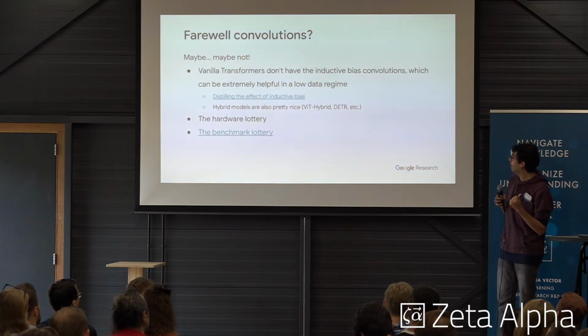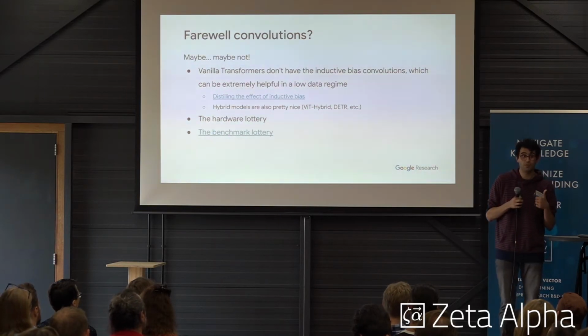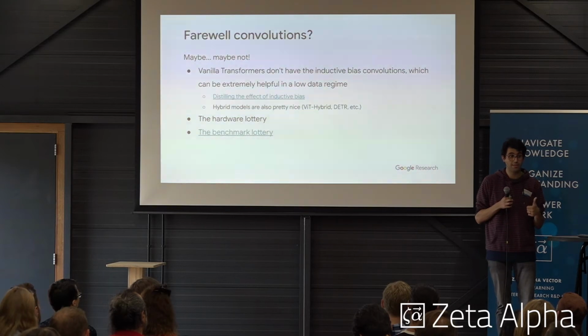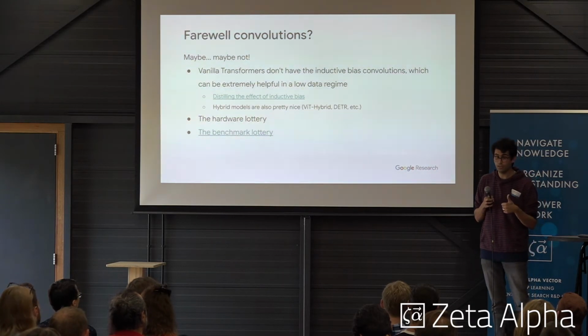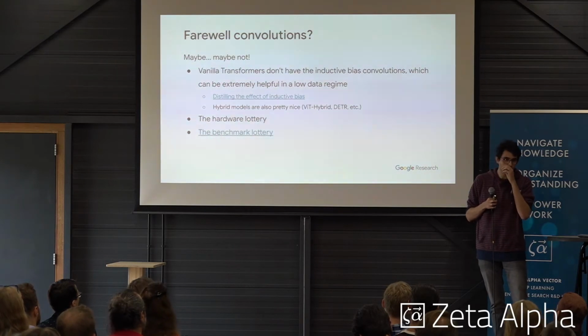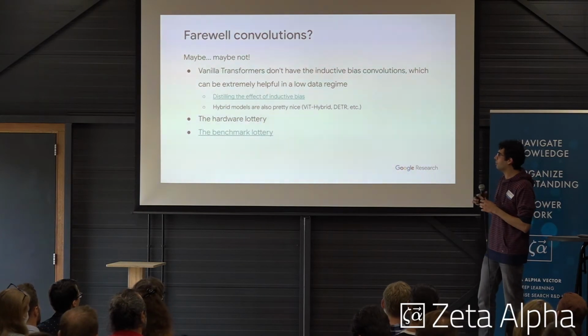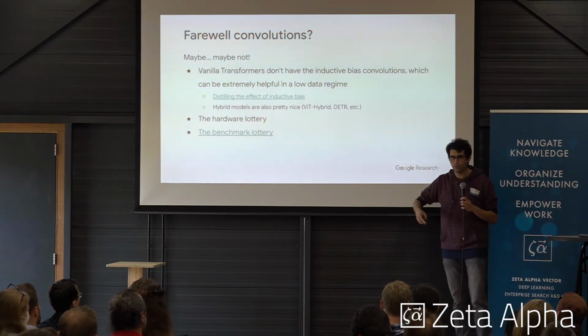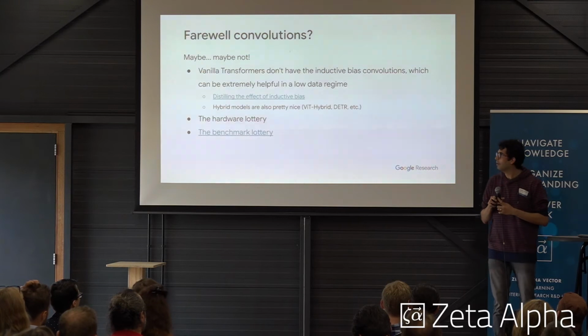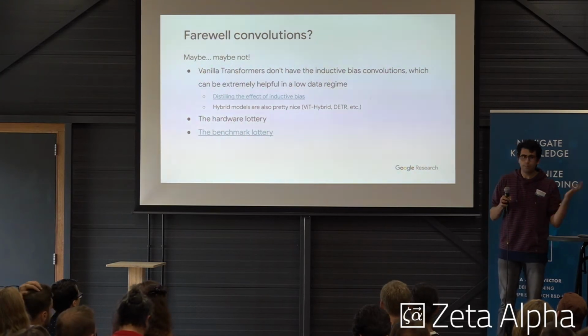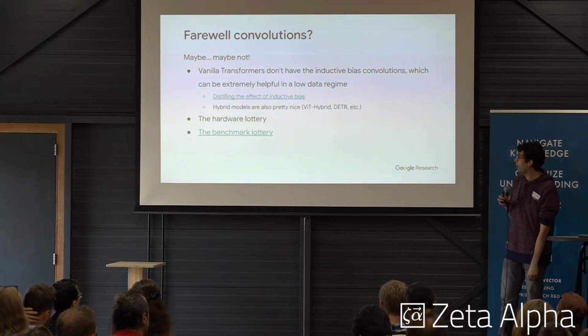And this is extremely important for the low data regime. So if you don't have data, that inductive bias is going to give you a good boost in performance. It's going to help you, while the vision transformer doesn't have that. And you might think about other options, like distilling the effect of inductive bias, like what DeiT does, or just use a hybrid model, which also has some convolution.